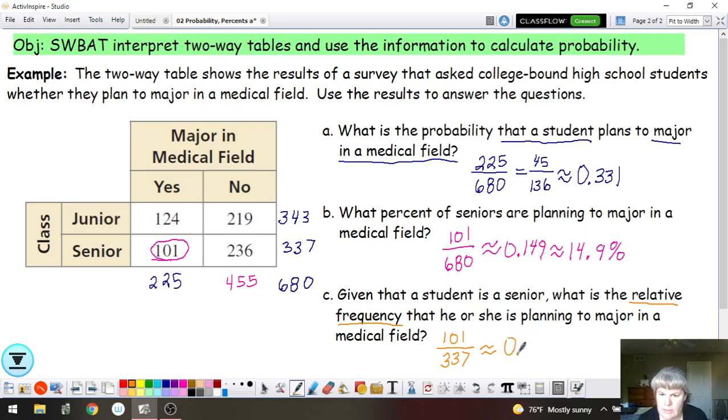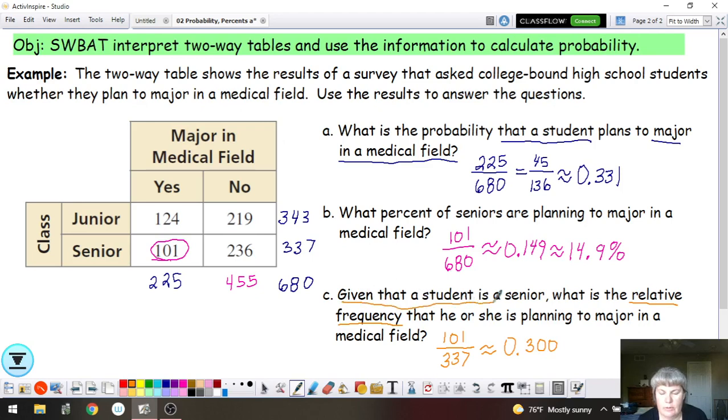And that is approximately 0.300. I'm including the 2 zeros because my number is 0.2997, and the 7 would cause the 9s to round up. That is my relative frequency that given that a student is a senior.